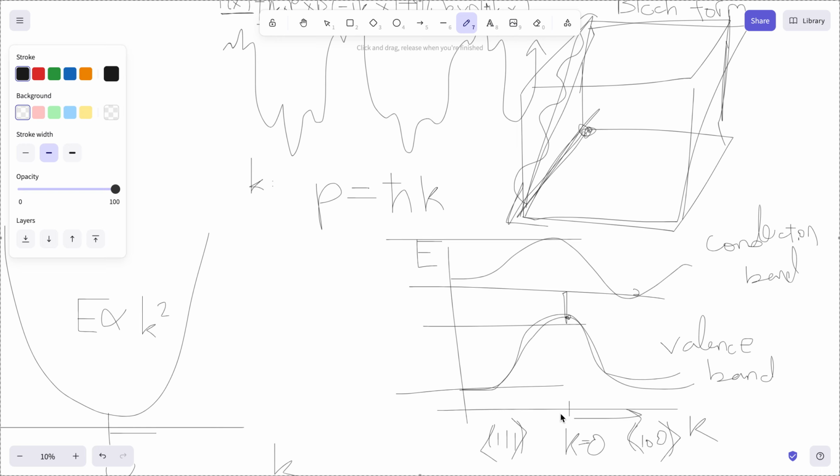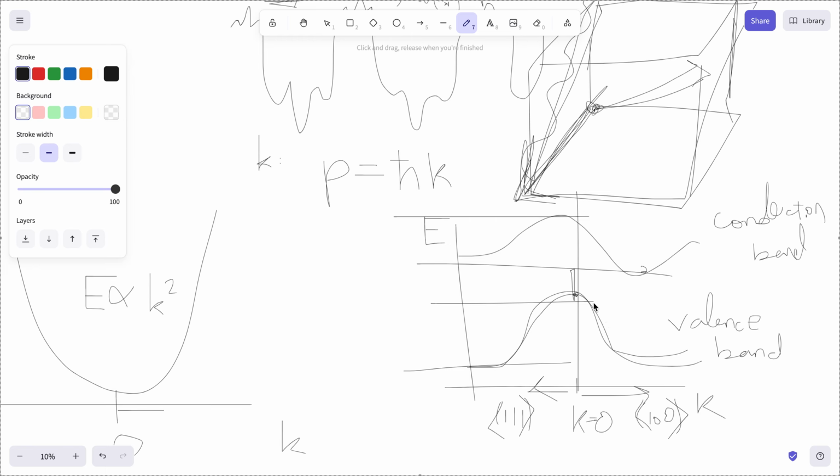Whereas when we move in this direction of the plot, we're moving in the 1, 1, 1 direction, which is this way. And so this portion of the graph represents the energy levels in this direction, whereas this portion represents the energy levels in this orientation.